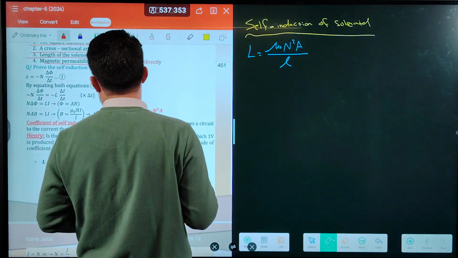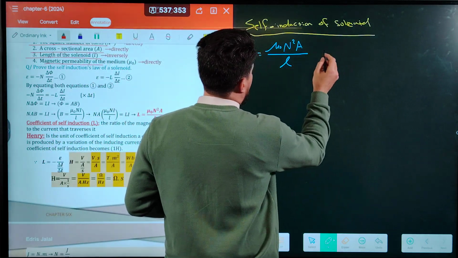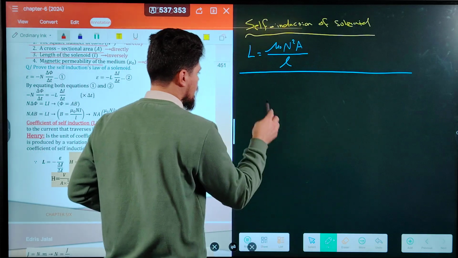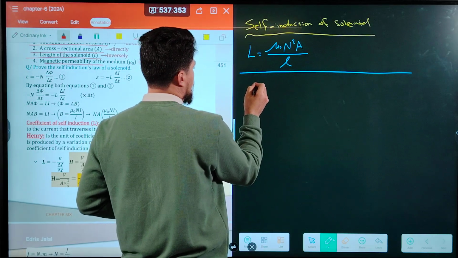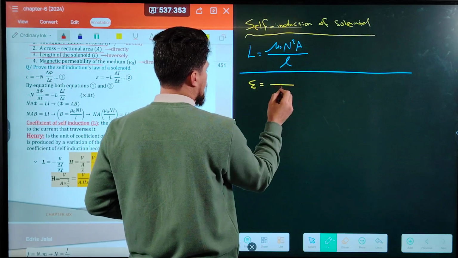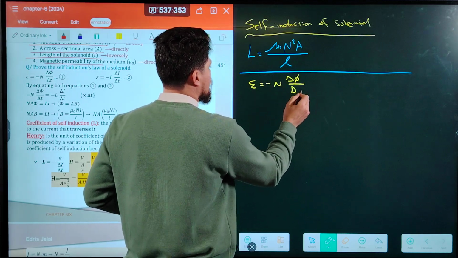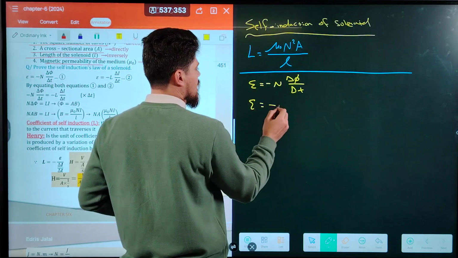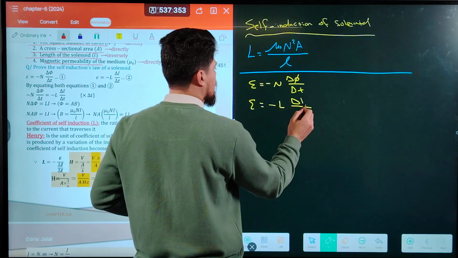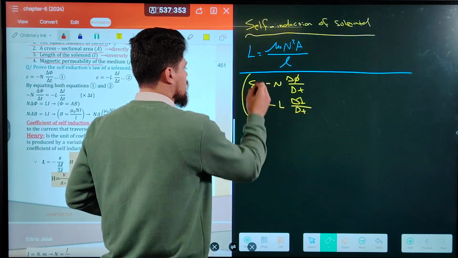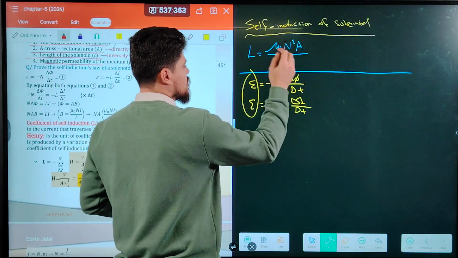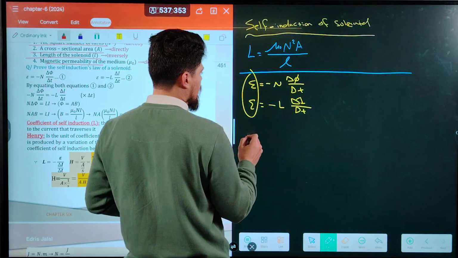According to Faraday's equation, guys, EMF is equal to what? EMF is equal to negative N change in flux over time. For the self-induction, negative L delta I over delta T. These two sides are equal, then the two other sides also must be equal.